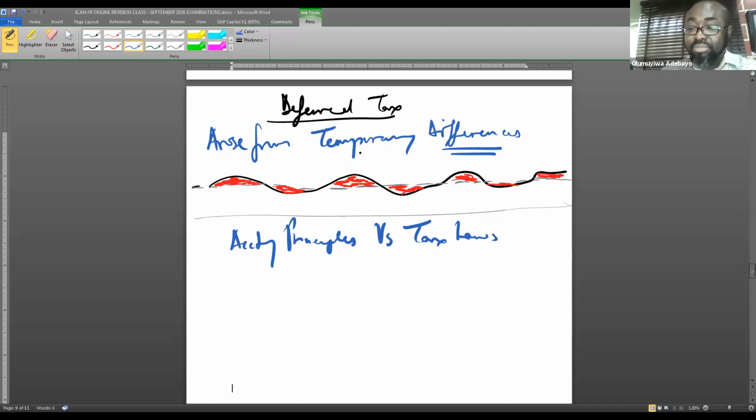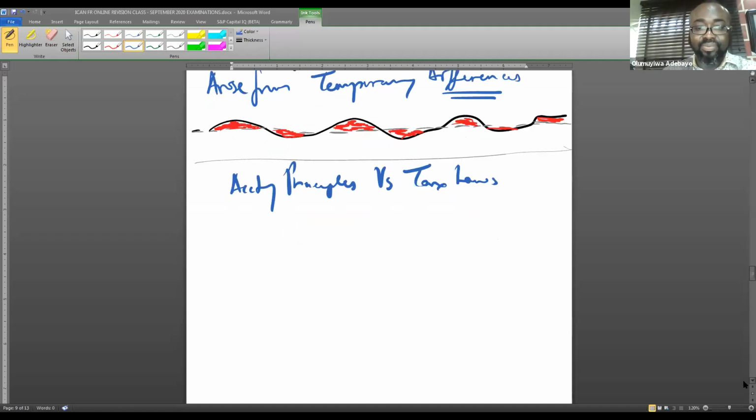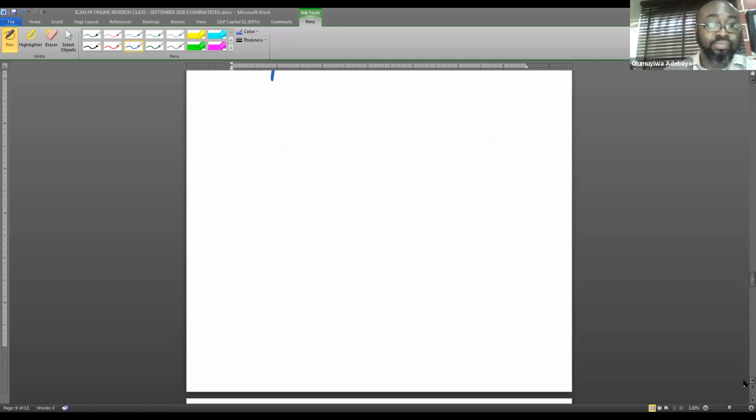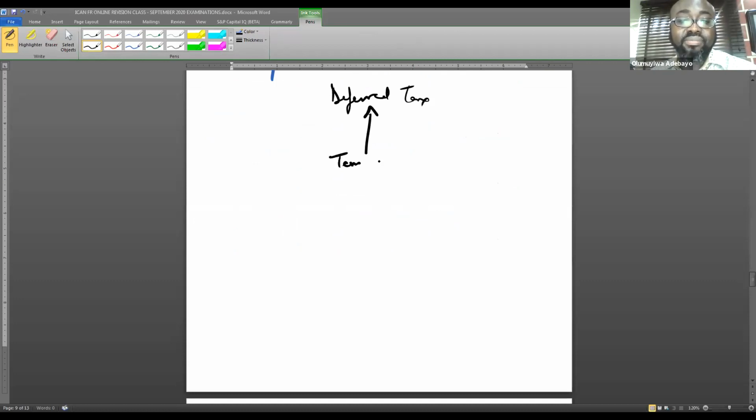That will now take me to the level of this diagram that tends to explain deferred tax as a whole. Now, I'll say deferred tax arose from temporary differences.